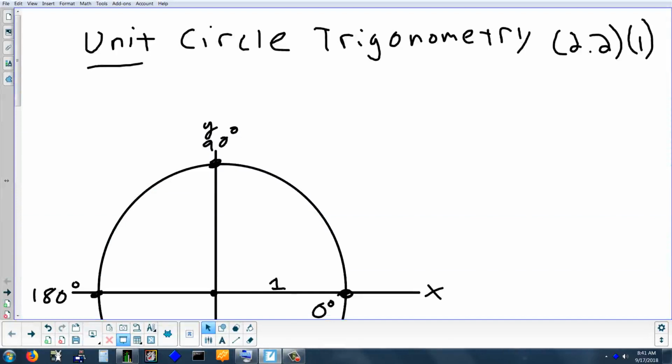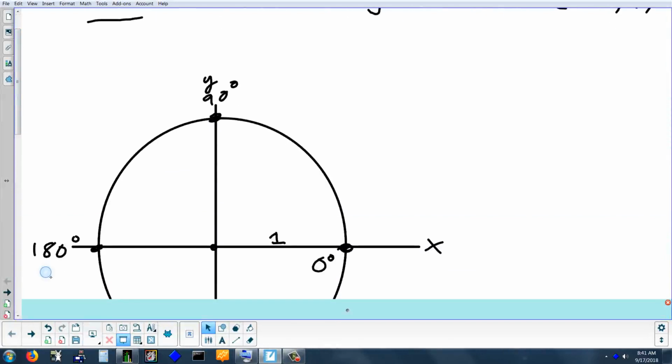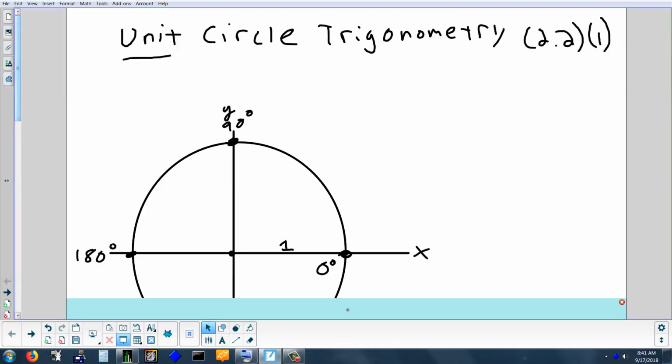All right, so I'm going to start out with this diagram. Okay, so what I've drawn here on the board is what's called a unit circle. What makes it a unit circle is we have a radius of 1. That's all unit circle means. It just means the circle with a radius of 1.